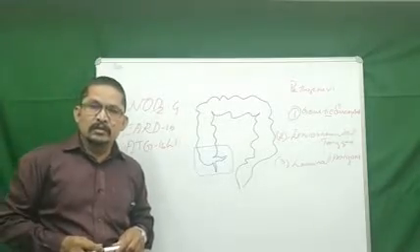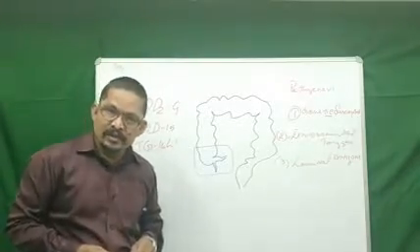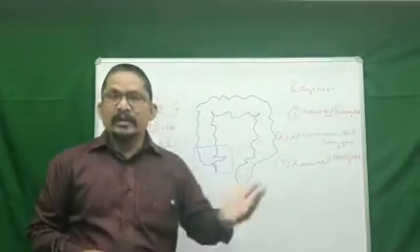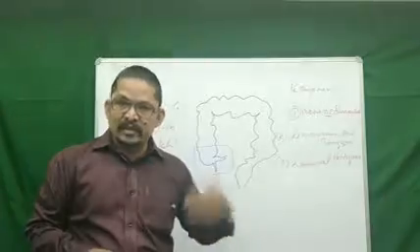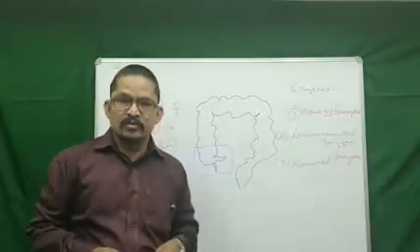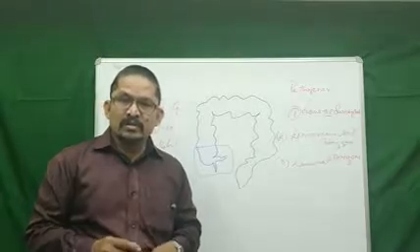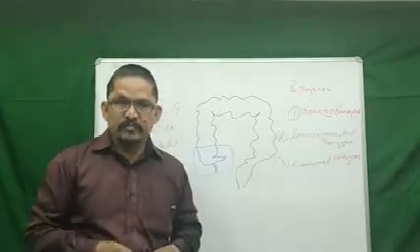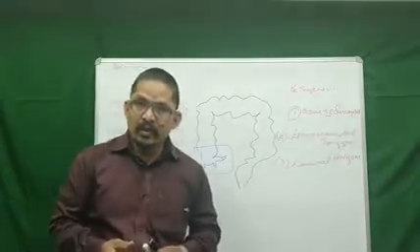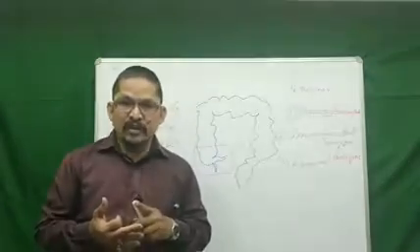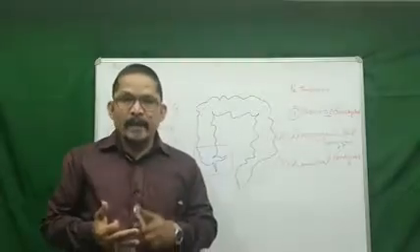Next, about the environmental triggers. As you know, there are so many things that can trigger a condition of Crohn's disease. But in Crohn's disease, number one trigger is smoking. Then alcohol, then abuse of various drugs, especially NSAIDs.